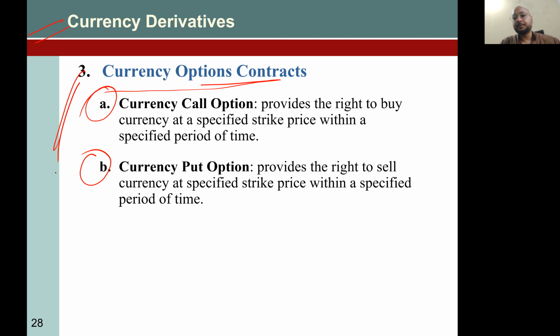Currency call option. A currency call option provides the right to buy a currency at a specified strike price within a specified period of time. That is very interesting. So here we go.